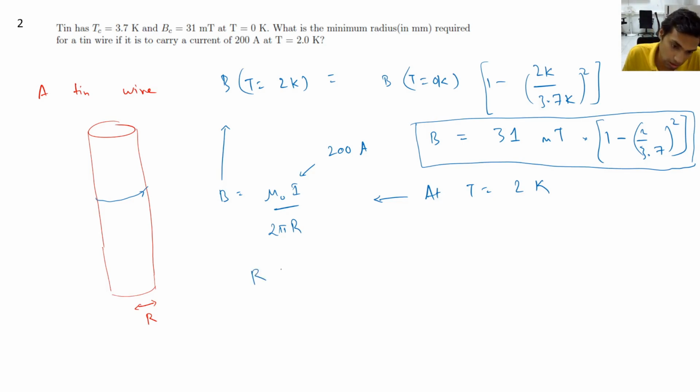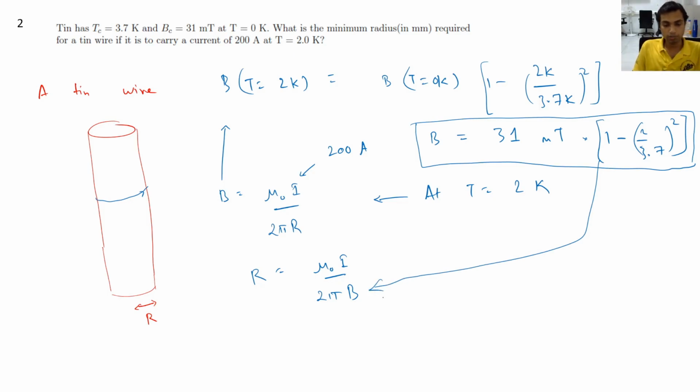So R will be mu 0 I over 2 pi B. This B you have to plug in here, and you know all the other values.